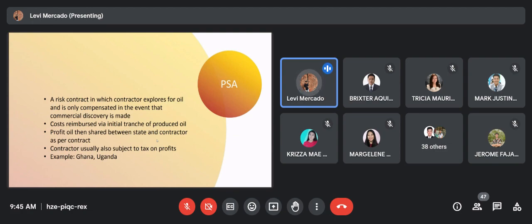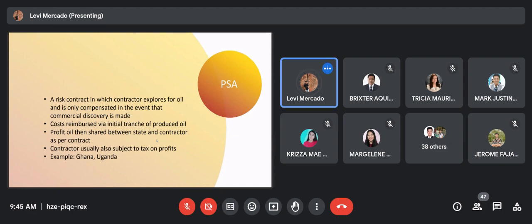Product Sharing Agreement. So it is a risk contract in which the contractor explores for oil and is only compensated in the event that commercial discovery is made. So, sa product sharing agreement, mostly covered niyan is yung monetary aspect ng project, no?